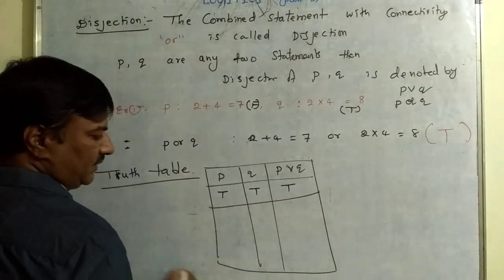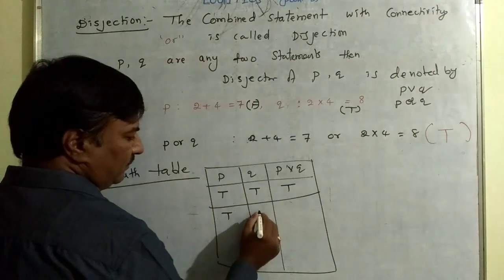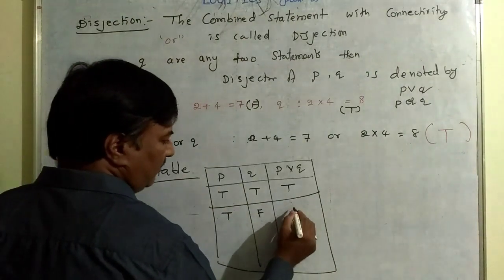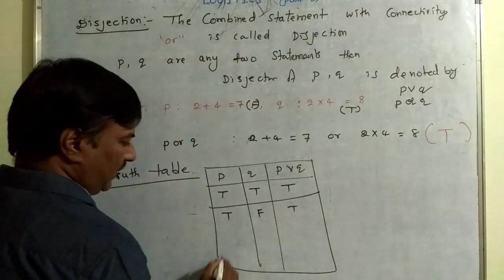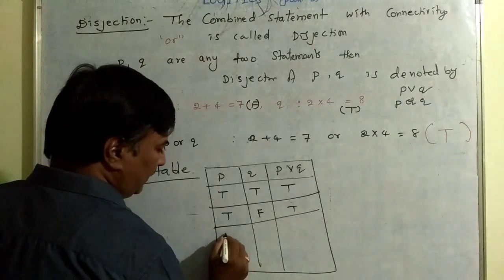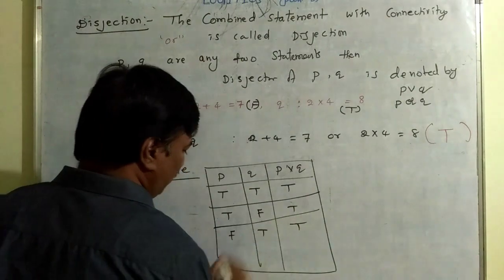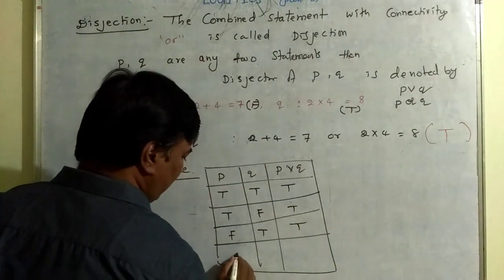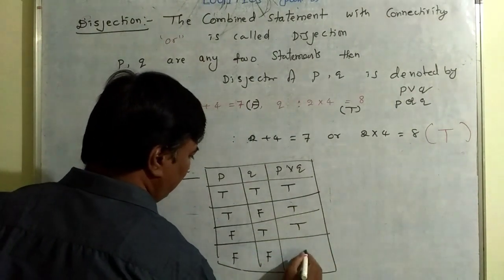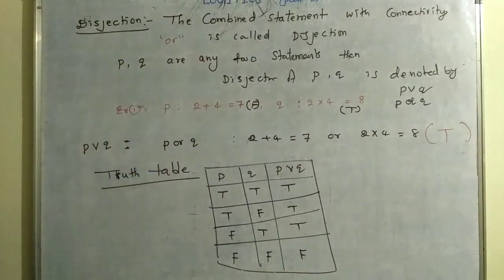Next, true, false: the resulting statement is true. Again, false, true: the resulting statement is true. Finally, false, false: the final statement is false.